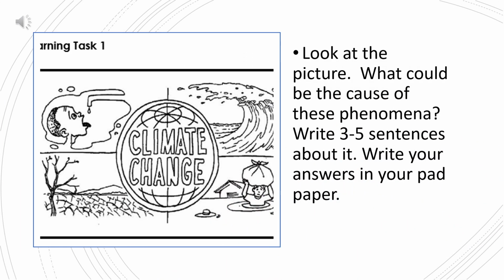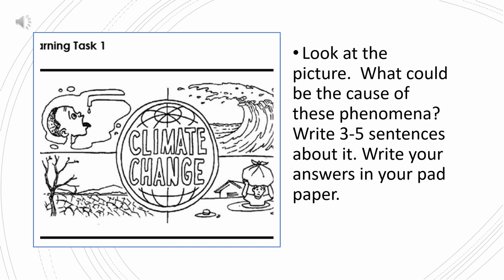Learning task 1. Look at the picture. What could be the cause of this phenomena? Write 3 to 5 sentences about it. Write your answer in your pad paper. So looking at the picture, you have the words climate change, and the images surrounding it are the effects of climate change. Looking at that picture, previewing, you activated your knowledge about what climate change is.